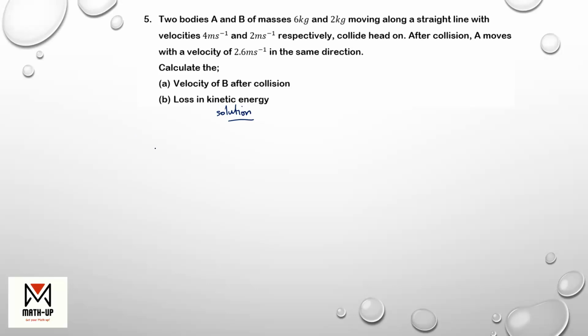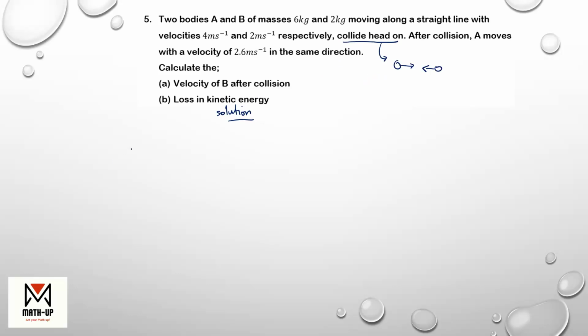Number 5 says two bodies, A and B, of masses given, are moving along a straight line with those velocities respectively. They are colliding head-on. And after collision, A moves with a velocity of 2.6 in the same direction. Let's take note of the language used, colliding head-on. This means I have two bodies moving in opposite directions.